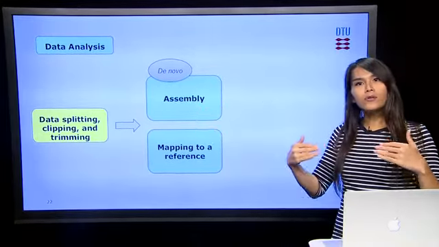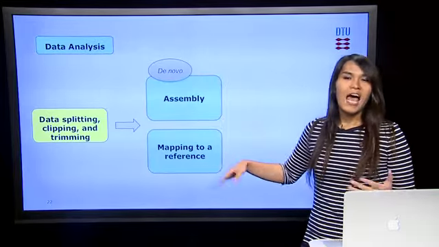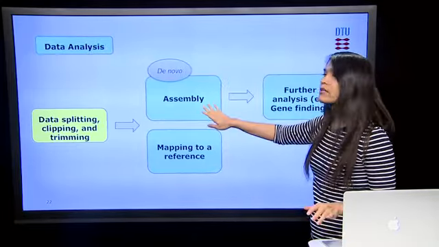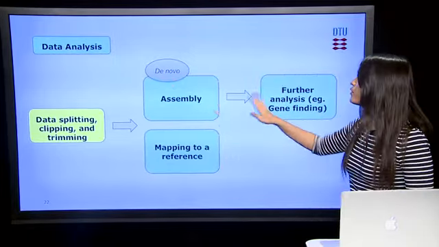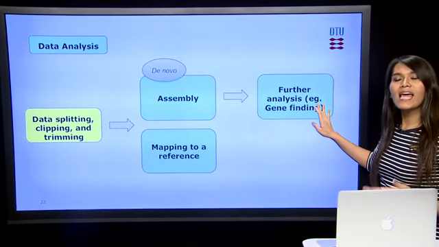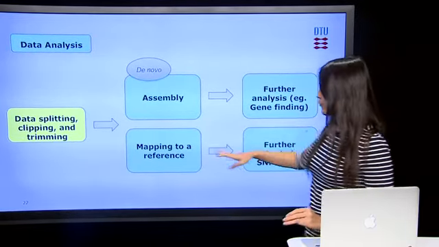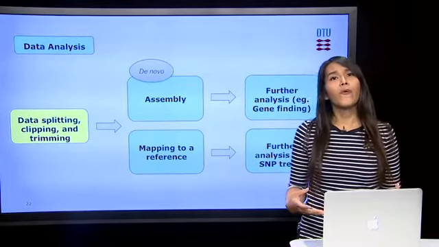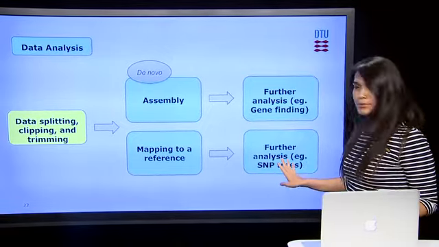And if you want to do it with a reference genome, we call it mapping to a reference genome. It depends on your objective, because if you want to make longer fragments of DNA by de novo assembly, you normally do it for finding genes or any genetic markers that you're interested in. But if you map the reads to the reference genome, what we normally do it for is to identify or detect point mutations, like SNPs, for example.